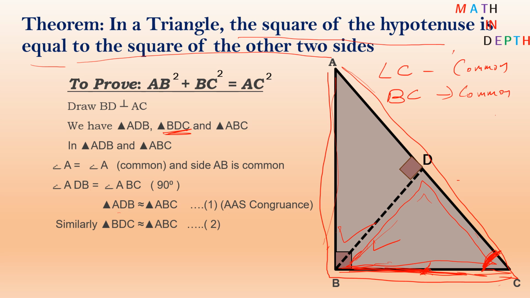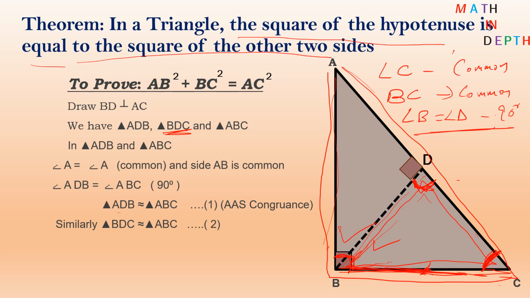And you can see this angle is 90 degrees. Why? Because BD was a perpendicular line on this line, this was a 90-degree angle, and here ABC was a right angle triangle, so this angle is also 90 degrees. So again two angles are equal. Angle B is equal to angle D, because of 90 degrees.